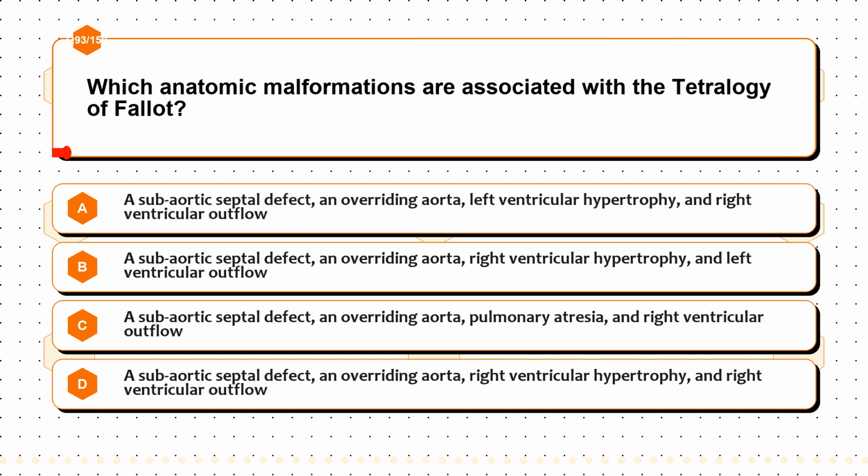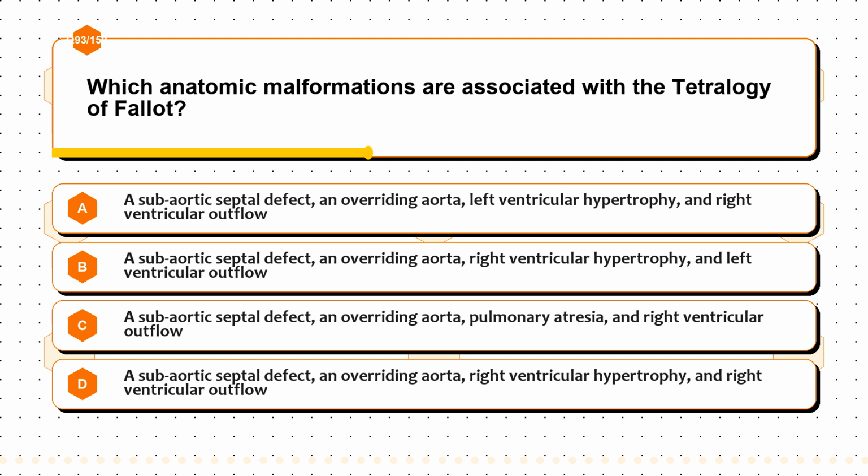Question 93. Which anatomic malformations are associated with the tetralogy of Fallot? Here are the options. Option A, a subaortic septal defect, an overriding aorta, left ventricular hypertrophy, and right ventricular outflow.